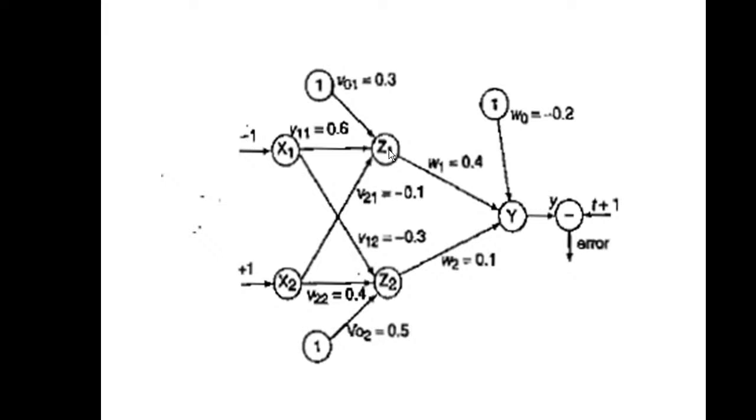So two biases are there on Z1 and Z2. Then Z1 is connected to Y by W1 equal to 0.4, and Z2 is connected to Y by W2, 0.1. Okay, so all of you can just draw this.